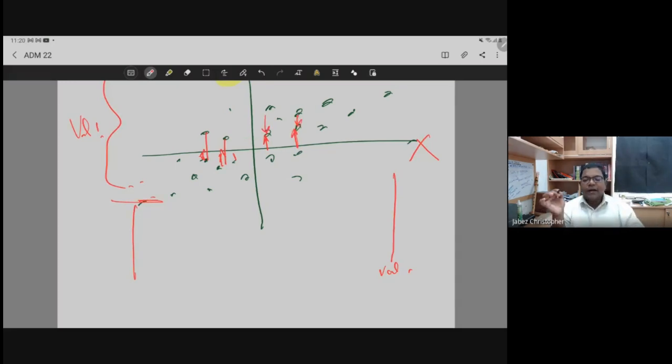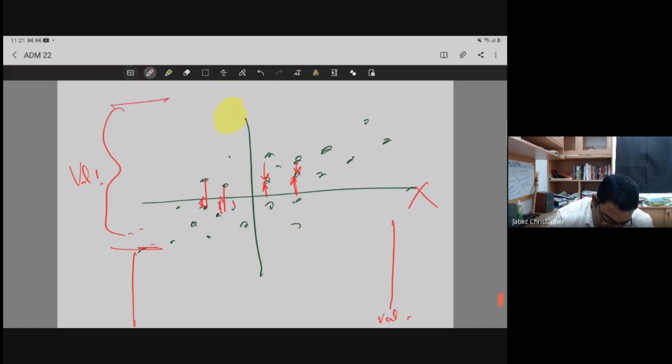So I need to find a transformed space where I will be able to capture the variance among these points in a better way. I need a transformed space. I need a transformation, clearly. So this is where I'm coming to the concept of transformation.